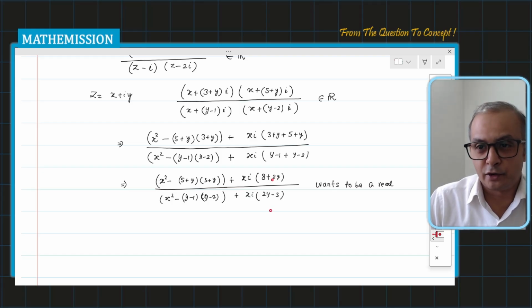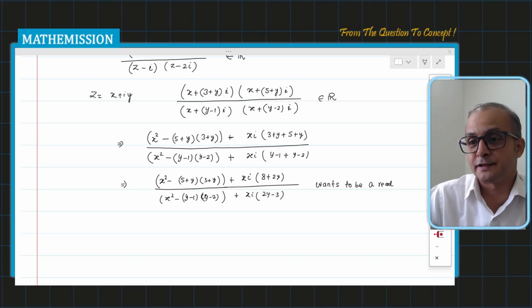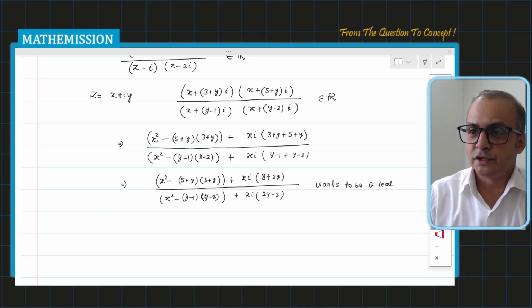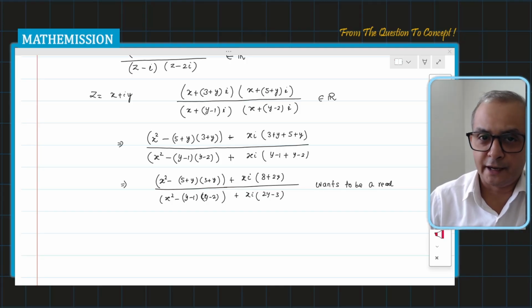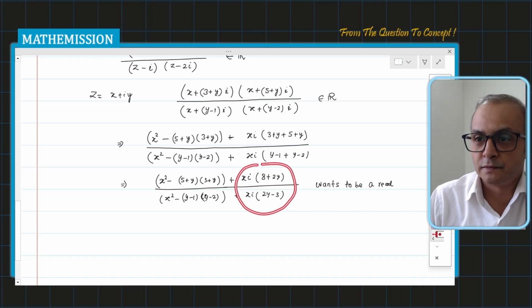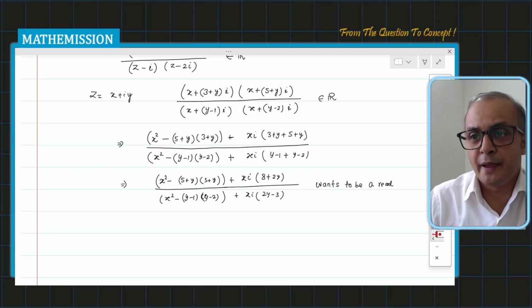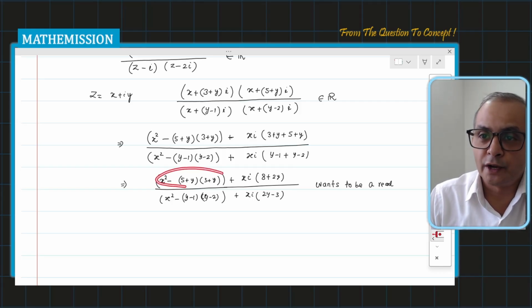Of course, this is not possible because y cannot be two different values at the same time. So 8 plus 2y and 2y minus 3 cannot be simultaneously 0. So this plan is not working. The other way is, is it possible to make these two together 0?